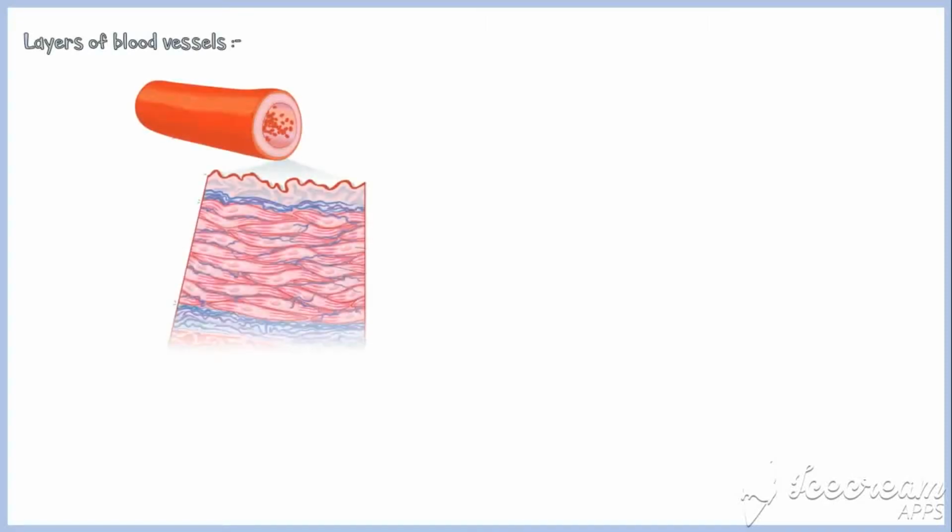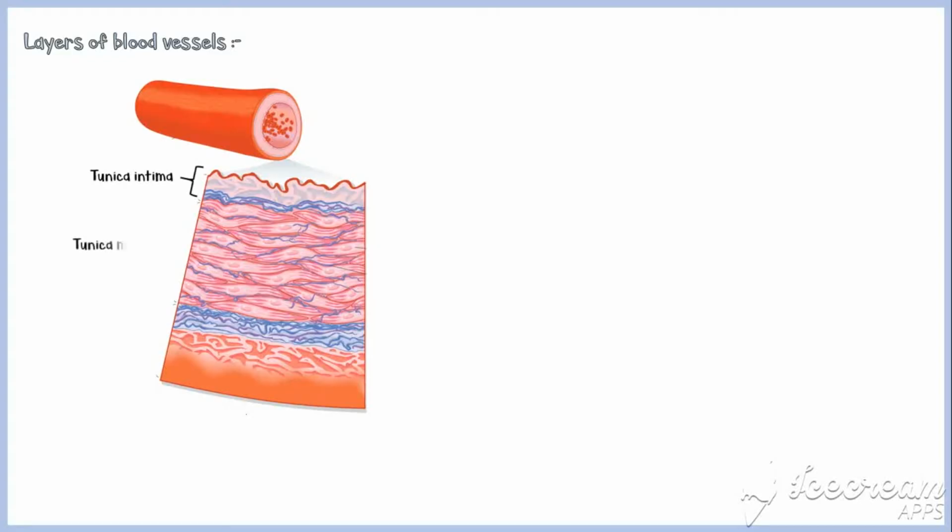So, before we begin our discussion on atherosclerosis itself, we may recall the normal anatomy of blood vessels. Let's take an artery for example. An artery has three major layers. These include tunica intima, which is the innermost layer, tunica media, which is the middle layer, and tunica adventitia, which is the outermost layer.